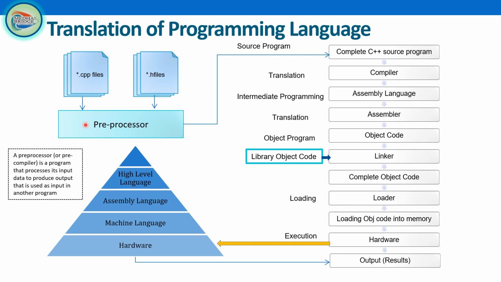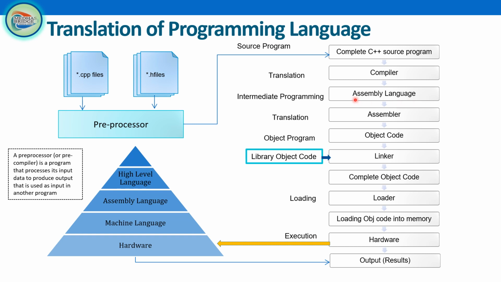Preprocessor takes all the C++ files and all header files and combines them together to generate a complete C++ source program, which will be input to the compiler. What does the compiler do? Compiler takes the C++ source programs and translates them into an intermediate programming language known as assembly language.